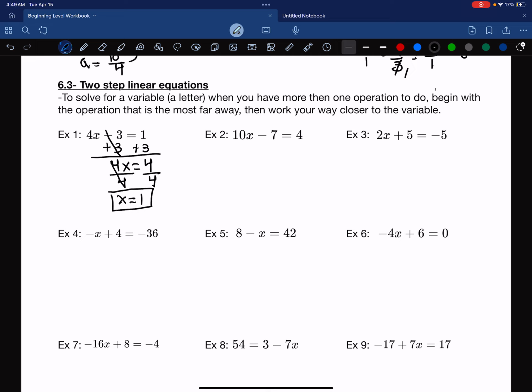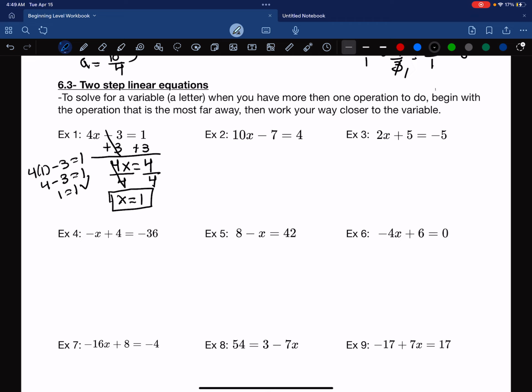That is our answer. And that makes sense, right? Because if we plug in 1 for x, we get 4 times 1 minus 3 equals 1. So 4 times 1 is 4, minus 3 equals 1, and 4 minus 3 is 1. So this makes sense, right?